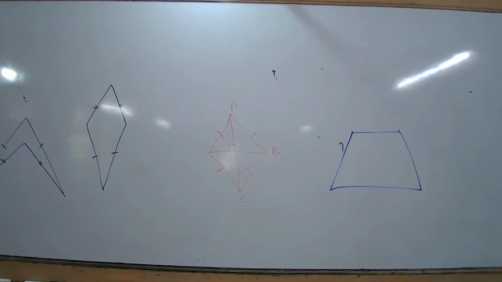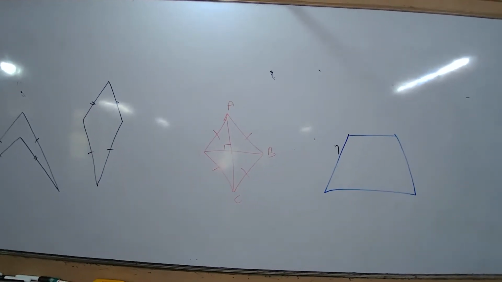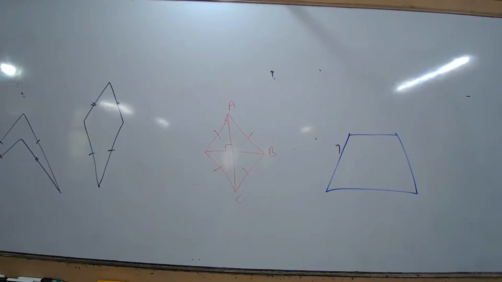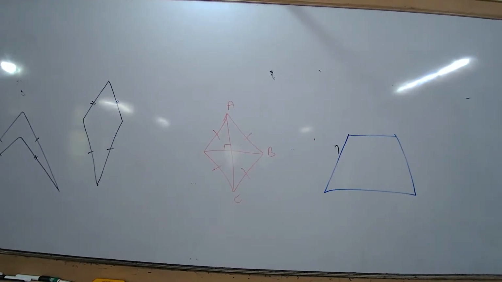Volume 1 and volume 2 are not congruent. Like that you have to see it: same size and the same shape.